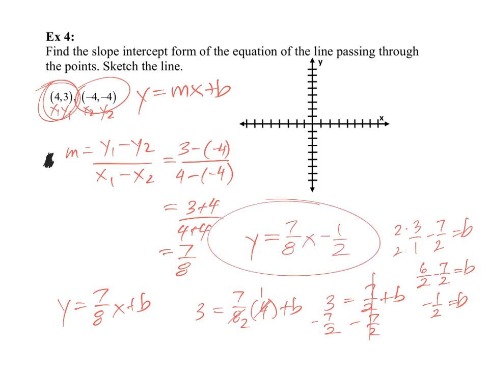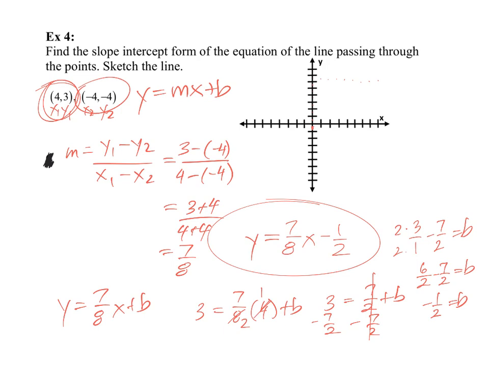All right, I have to graph this now. So I'm starting at negative 1/2. And then my slope is 7/8. So you just got to be careful of this. Rise 1, 2, 3, 4, 5, 6, 7, and to the right 8.